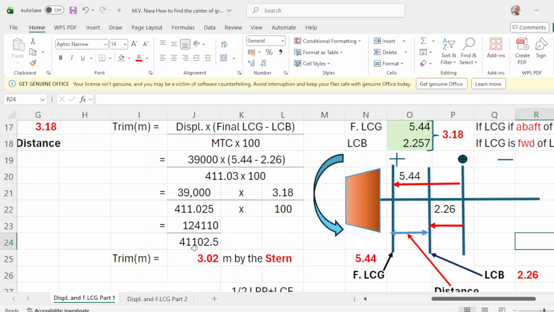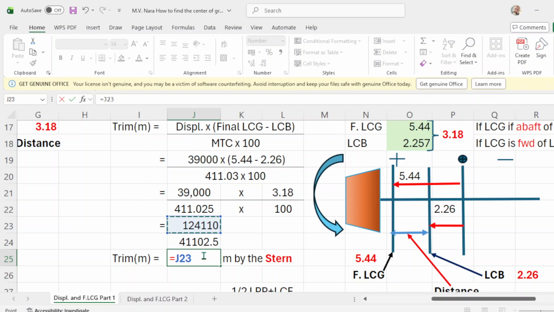Multiply this one, this will be 41102. Then put equals, divide by this figure, then your trim will be 3.02. You are trimmed by the stern. Okay, that's why you are trimmed by the stern.